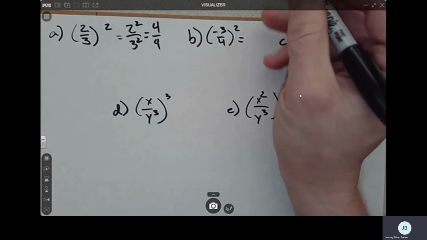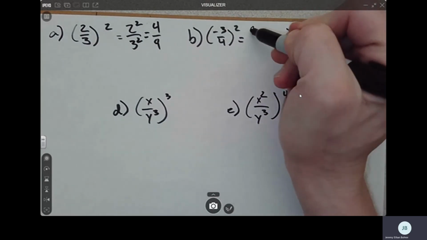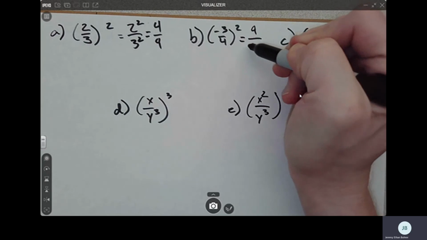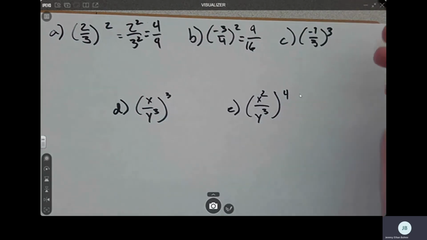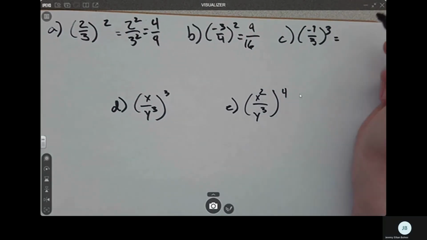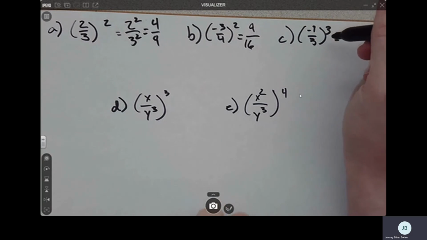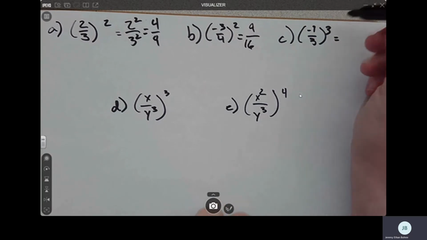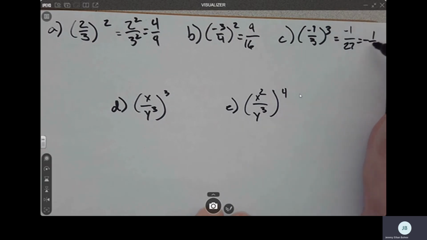Negative 3/4 squared. We square the negative 3 to get a 9. We square the 4 to get a 16, 9/16. Negative 1/3 cubed. Negative 1 cubed is negative 1. 3 cubed is 27, so that's negative 1/27.